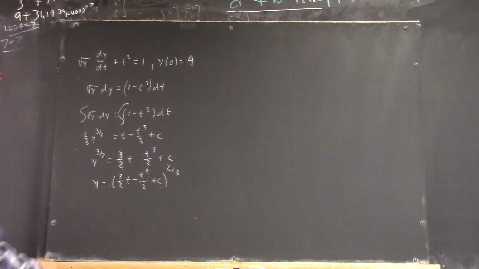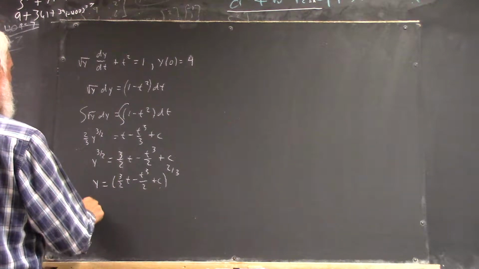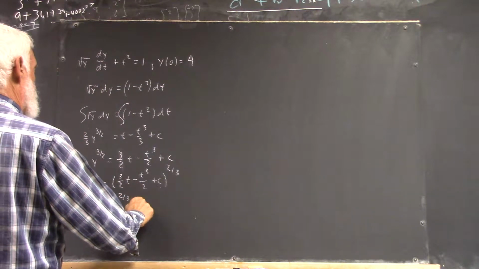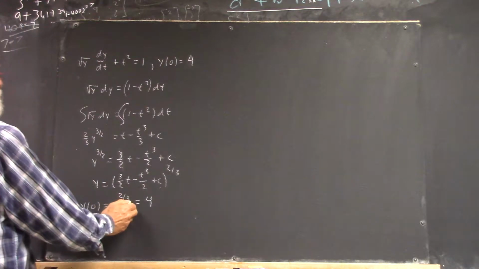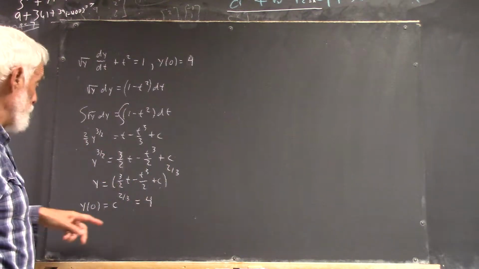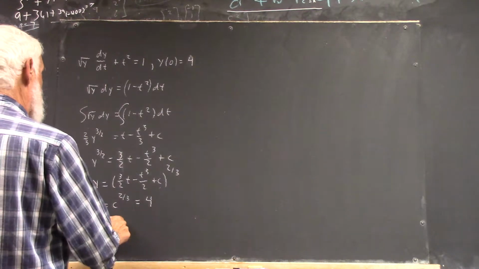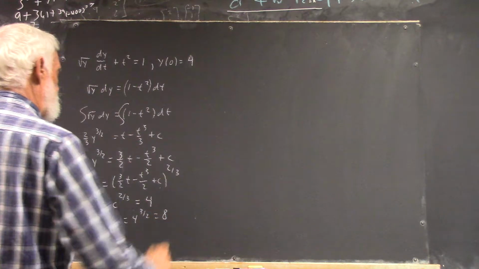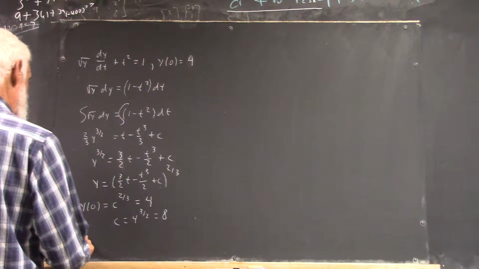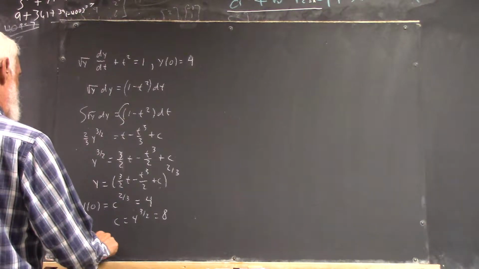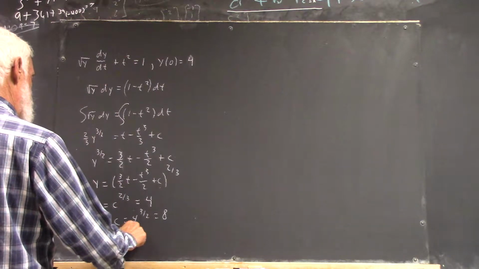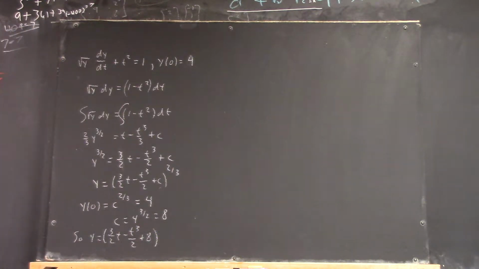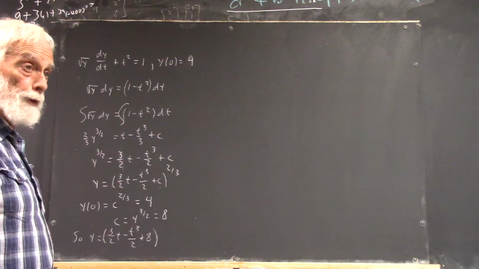So you say, okay, y of 0 equals c to the 2/3, plug in 0 for t, you get c to the 2/3 equals 4, c equals 4 to the 3/2, which is 8. So now your solution is... okay? Very straightforward, just got to remember to do all the steps.